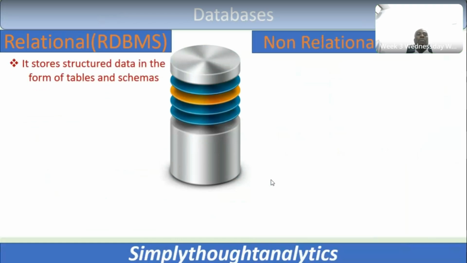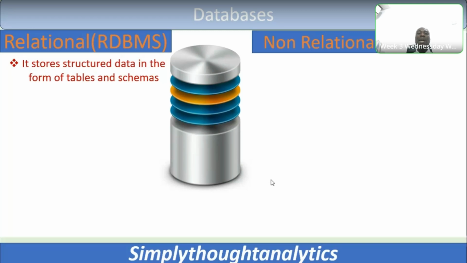A relational database stores structured data. Some of us who have been following this program from the beginning understand what structured data means. Structured data means a type of data that we can store inside a table. So a relational database basically means a combination of several tables, and that's what is stored in a relational database.